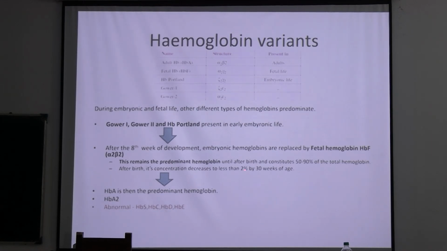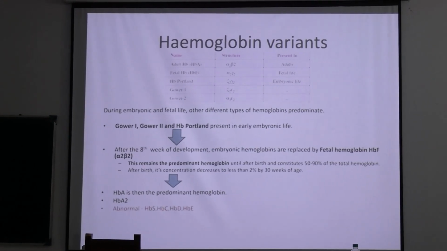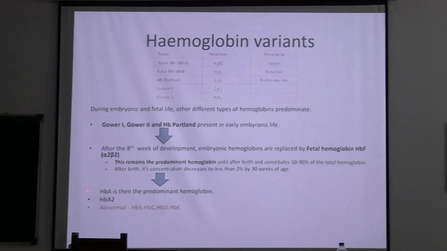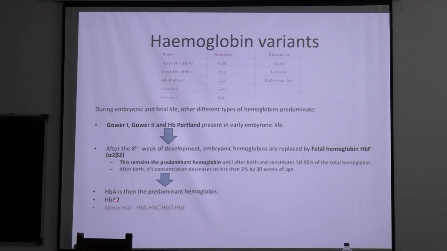Fetal hemoglobin is found up to 30 weeks, then it goes down to 2% by 30 weeks. And at 30 weeks, you will get the adult hemoglobin. 98% will be the adult hemoglobin. And there is also another hemoglobin, that is HbA2. A2 is alpha 2 delta 2. This HbA2 is normally present in very small quantity.